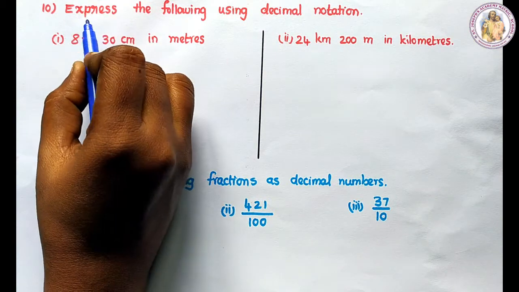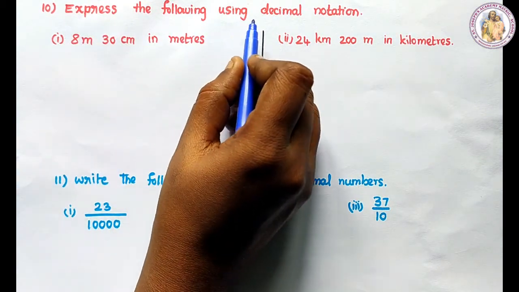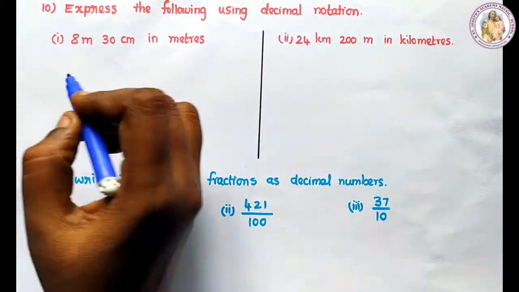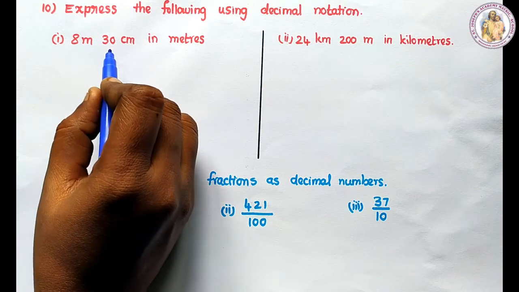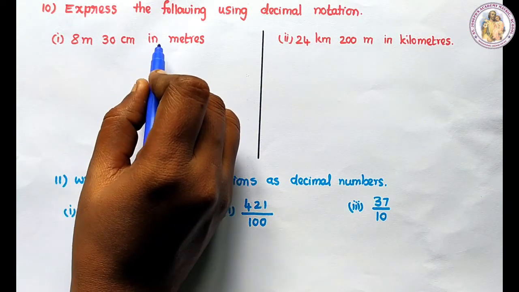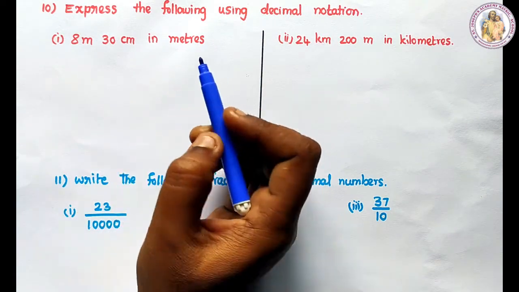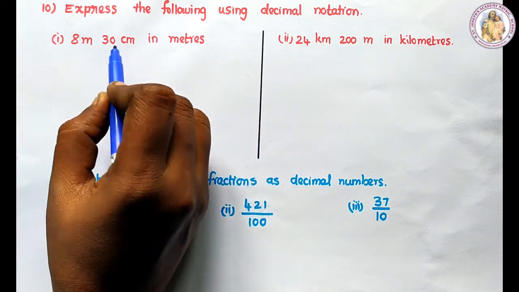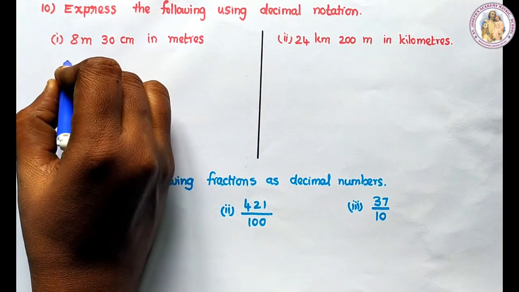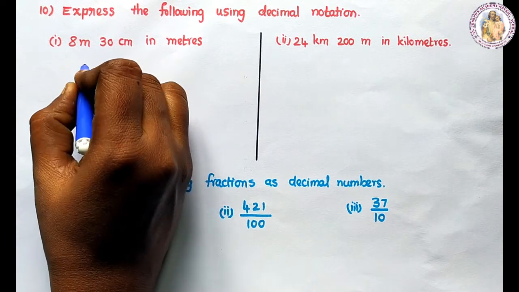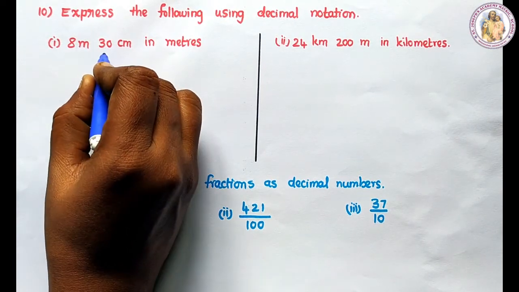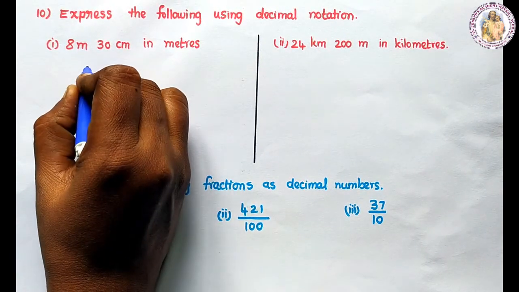10th sum. Express the following using decimal notation. Listen, first one. 8 meter 30 centimeter in meters. We have to change in meters totally. So, first step, 8 meter 30 centimeter.